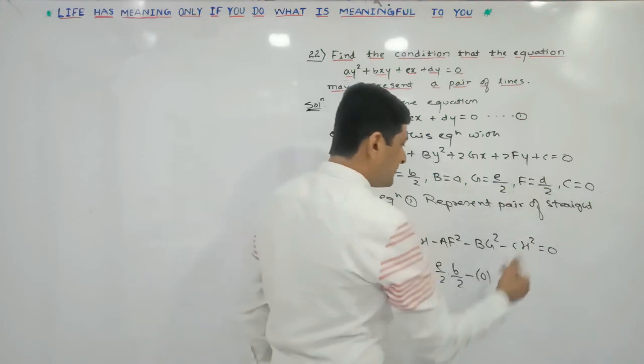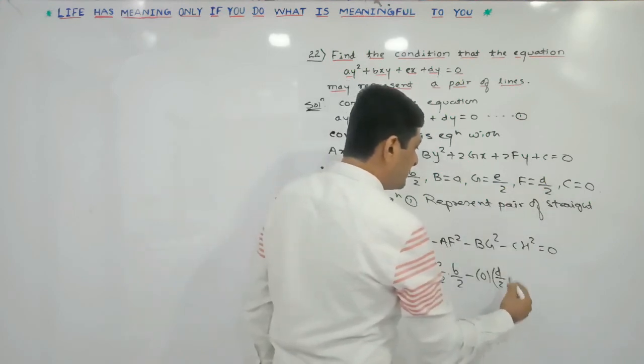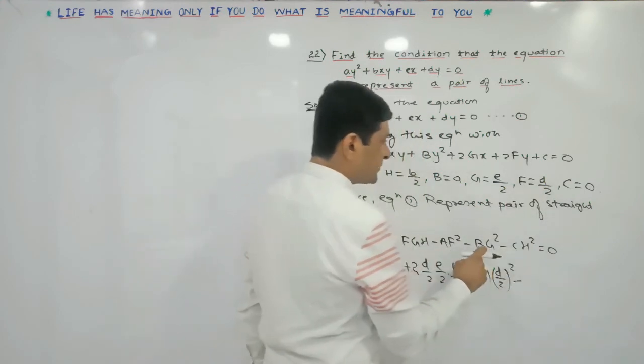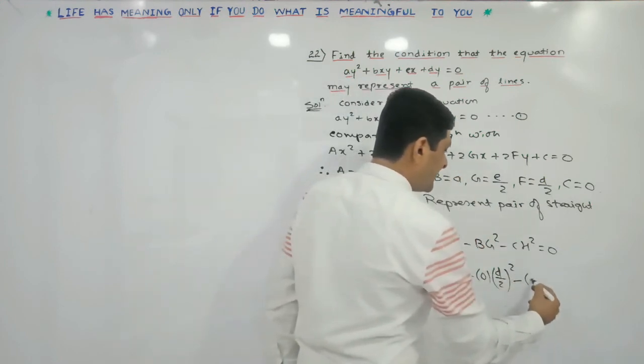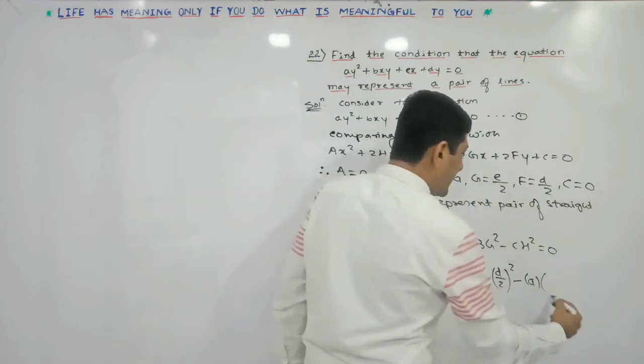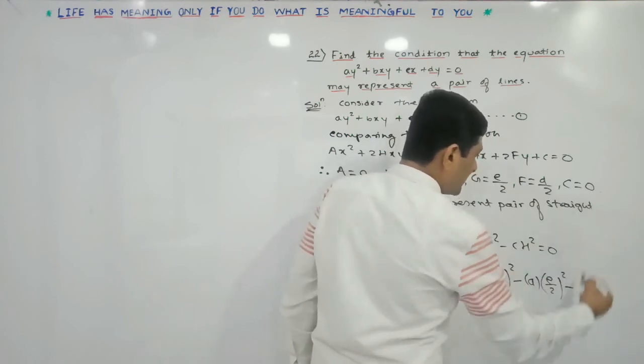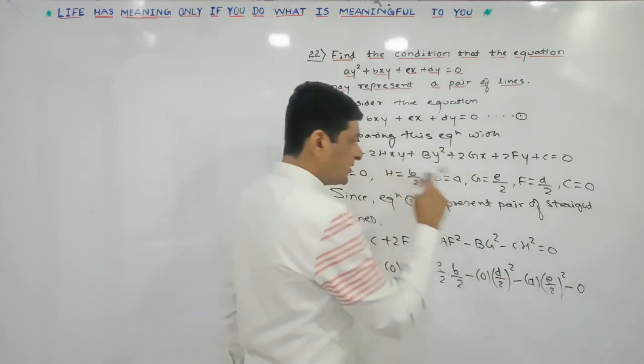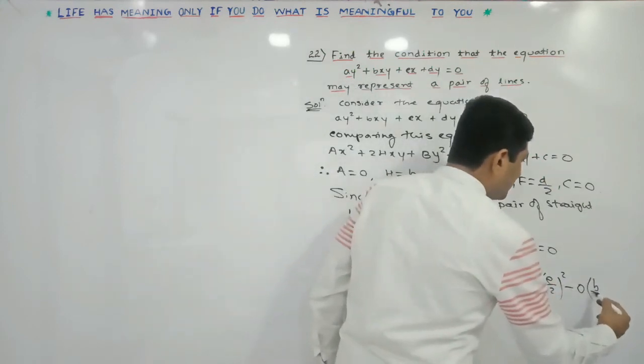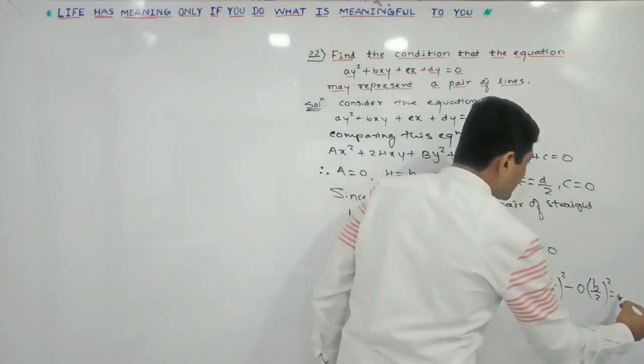f, what is the value of f? d by 2. So here d by 2 keep square as it is, minus b is equal to small a, and g is equal to e by 2 square, minus c is equal to 0, and h is equal to what? b by 2. So b by 2 whole bracket square is equal to 0.